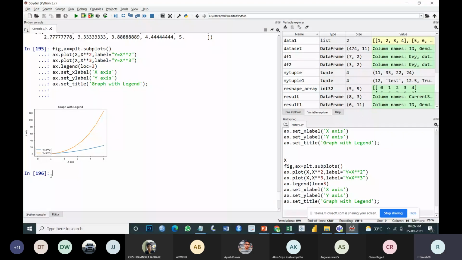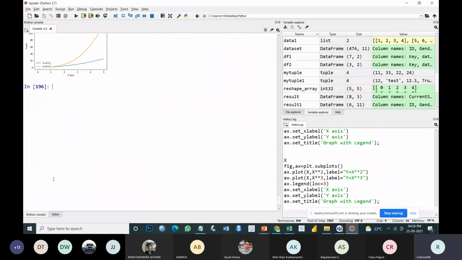Then also we can apply the colors. Fig comma ax equal to plt dot subplots. Then ax dot plot of x comma x plus 1 comma color equal to red.